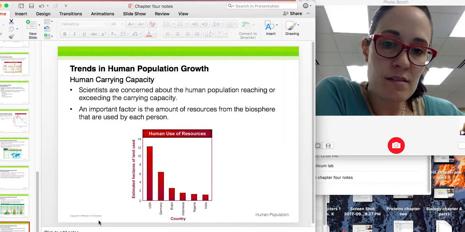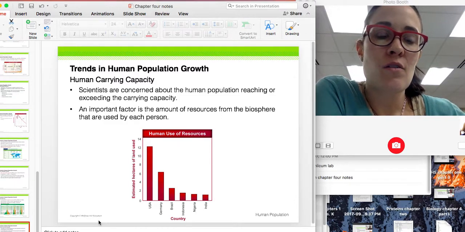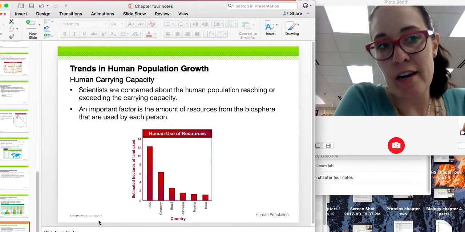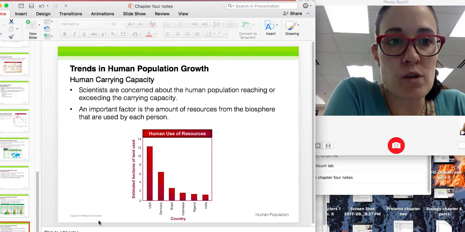So this brings us to something interesting and controversial at the same time. Will there be a carrying capacity? Is there a carrying capacity for the number of humans that the Earth can support with a good quality of life?